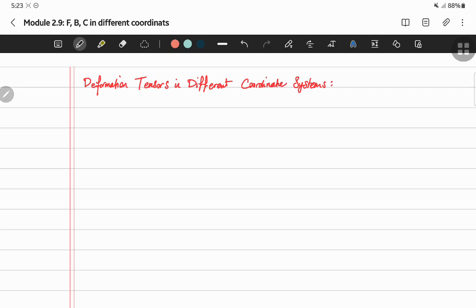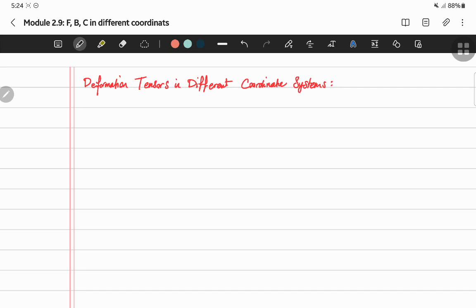So far, we discussed different representations of deformation tensors. We introduced F, B, and C tensors as well as E star, small e star, the Eulerian strain tensor, and different deformation tensors that you can use for different applications.